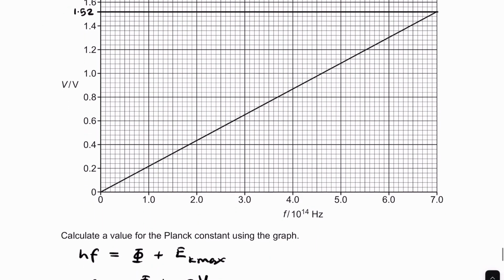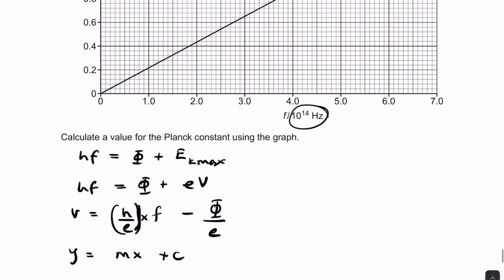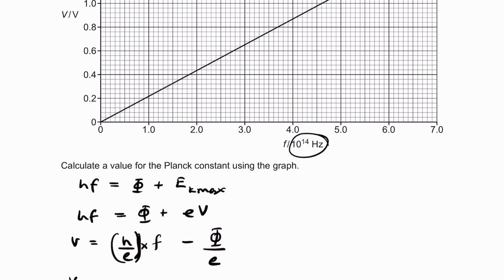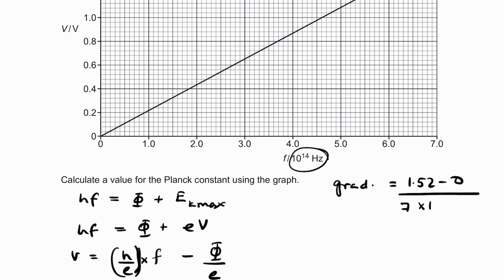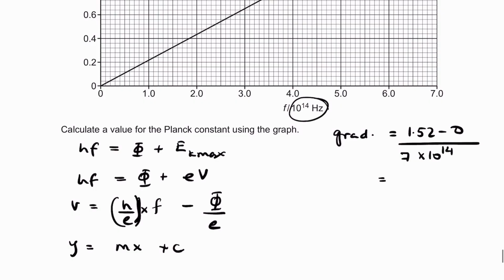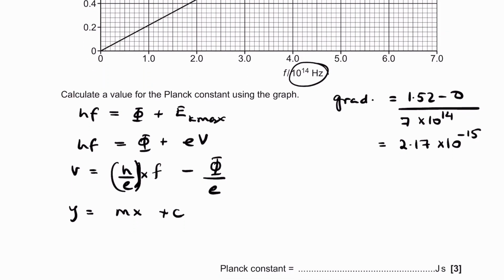Just be careful about this humongous power. So the gradient is going to be 1.52 minus 0 over 7 times 10 to the 14 minus 0, which gives me a value of 2.17 times 10 to the minus 15. That's the value of the gradient, which is equal to h over e.